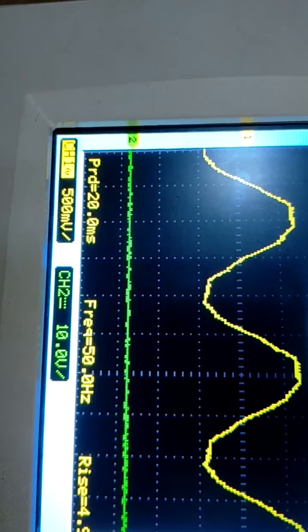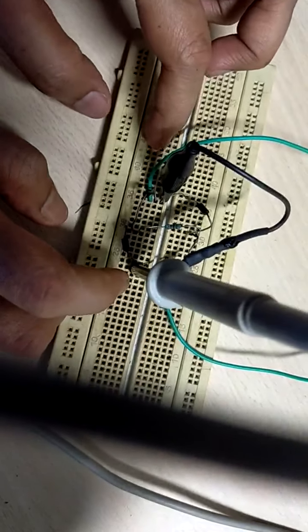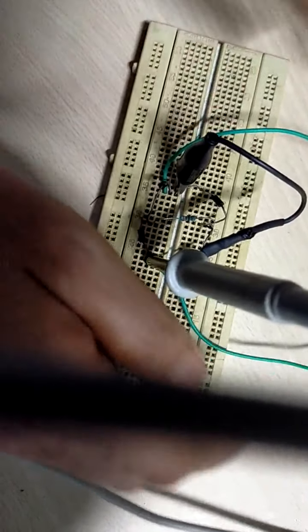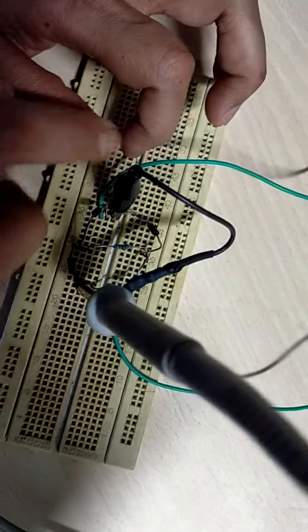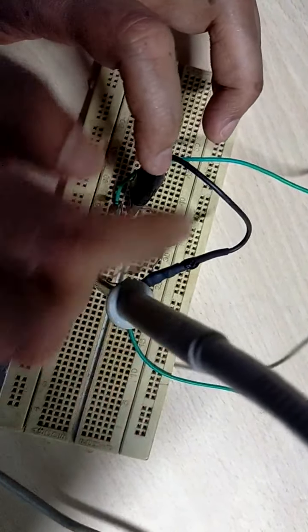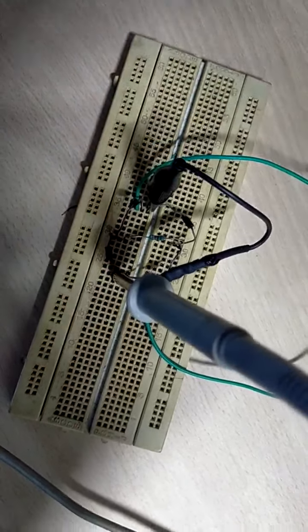Now we will show you the output signal. Now again come to the circuit. For obtaining the input, we have connected the two terminals of the probe across the input side, that means at the points where we have connected the two terminals of the function generator.